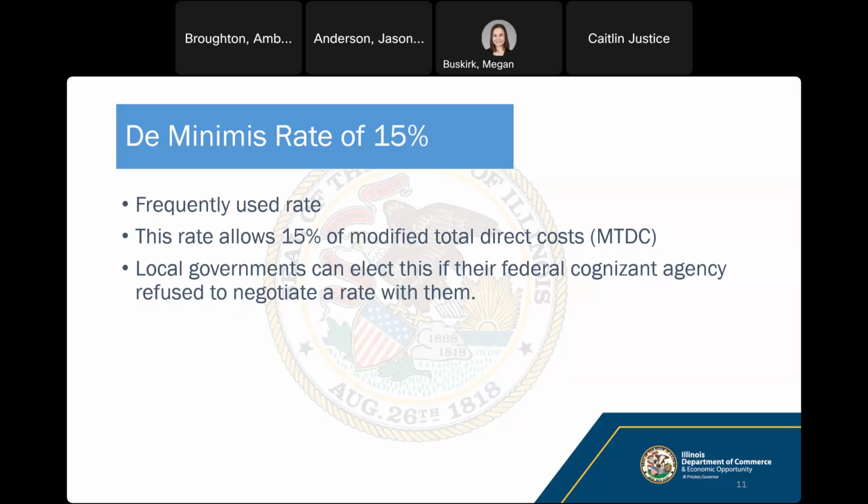In this case, the grantee must submit correspondence or communication that demonstrates the refusal to negotiate to qualify for this rate. Grantees may use this rate with their state of Illinois or federal NICRA while their state or federal NICRA is being negotiated.